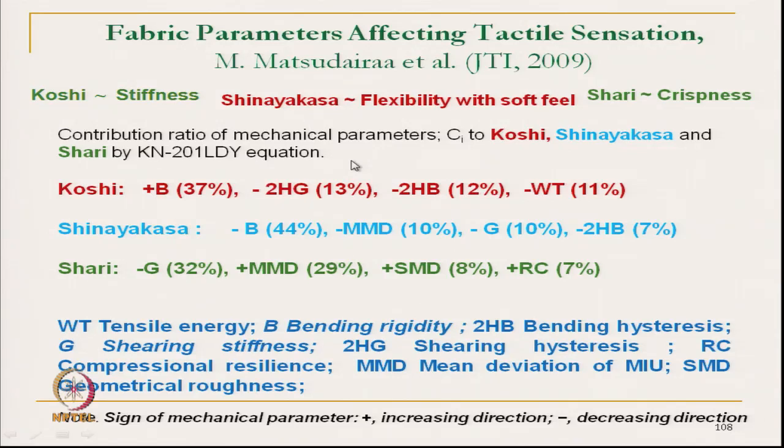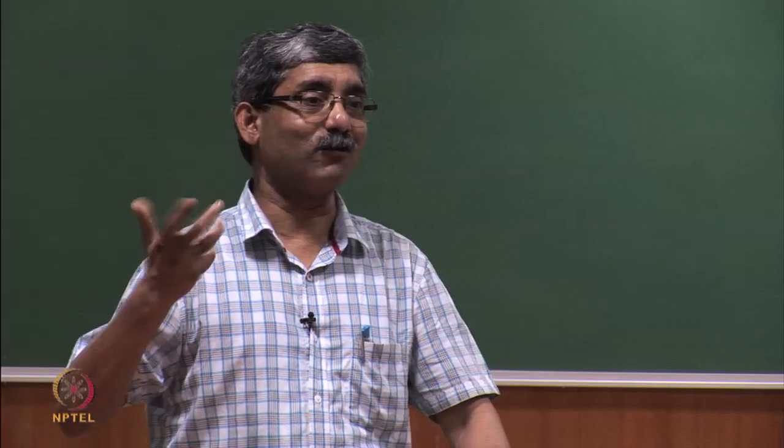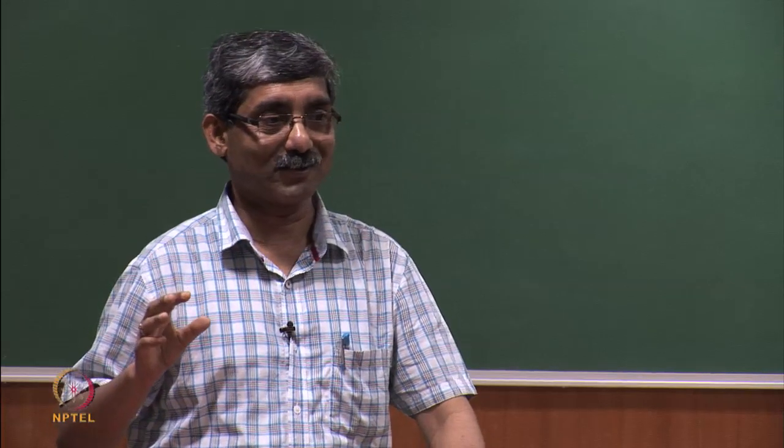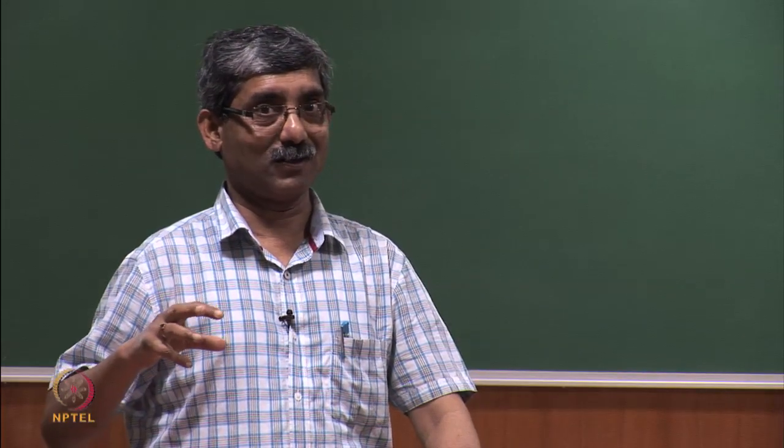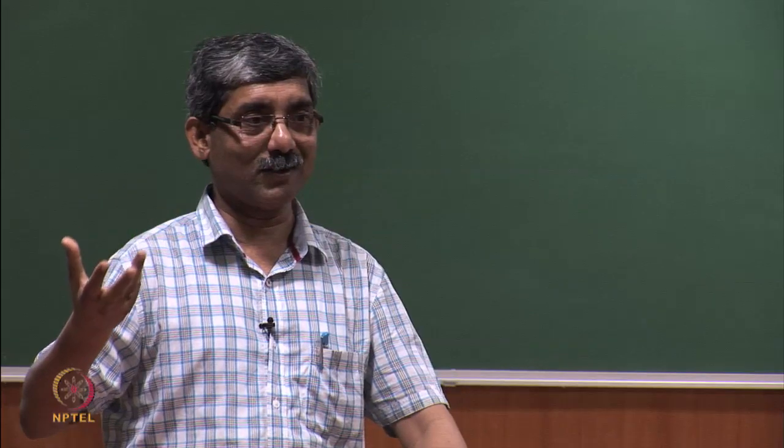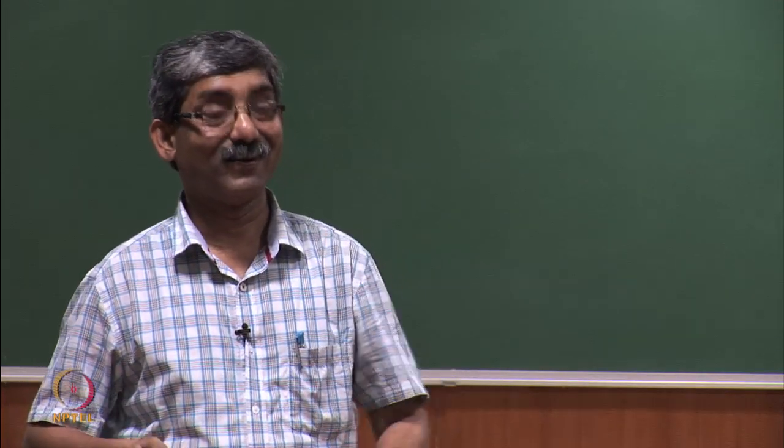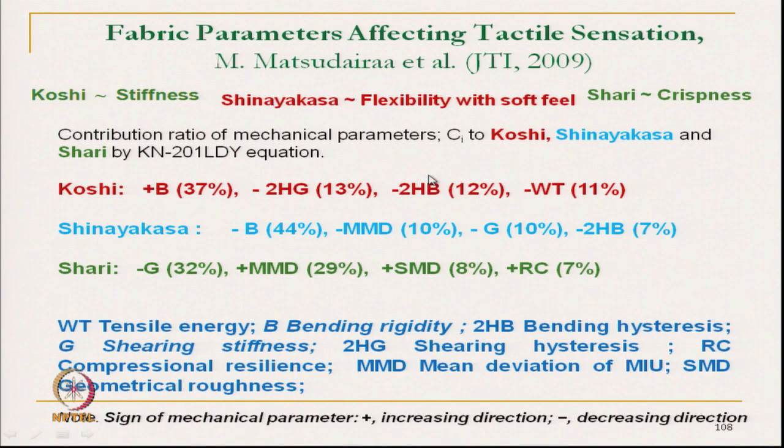This means higher shearing hysteresis gives a lower Kochi value. So it does not talk about plain stiffness, it talks about higher bending rigidity with a lower stiffness.